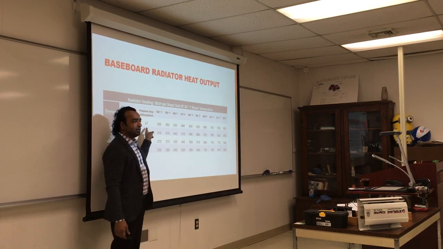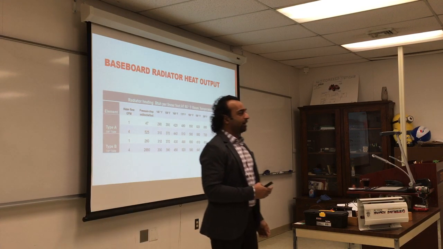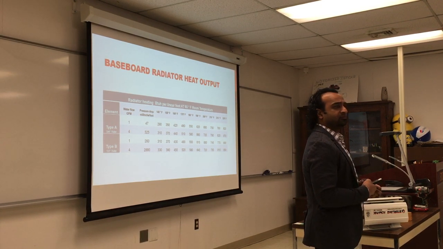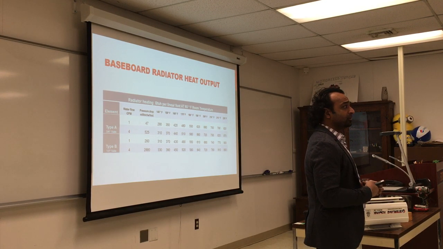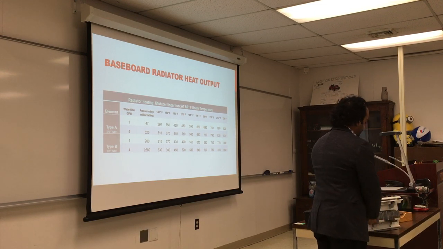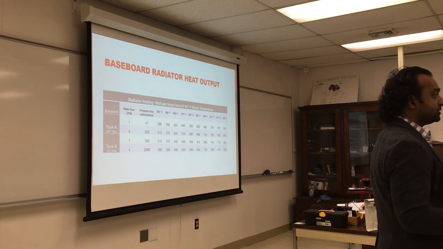We talked also about the pressure drop for each foot. As the water goes through the pipe, it counteracts friction. Where is the friction coming from? The pipe. The pipe has some friction. There's friction inside the pipe because there is some kind of roughness, even though it's very smooth.